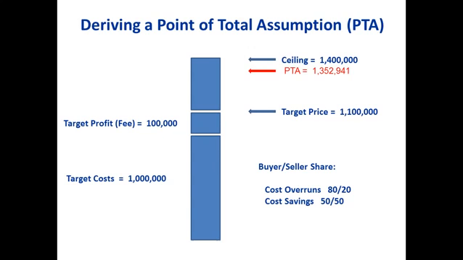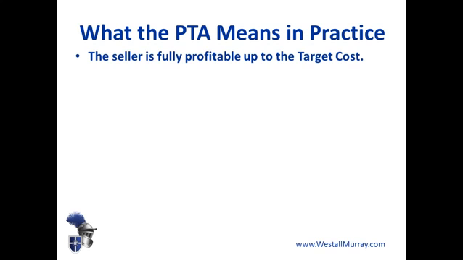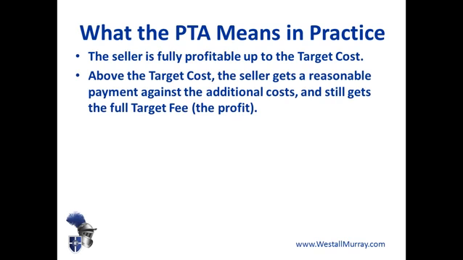Fair enough, big deal. What does all that mean? Well, this is what the point of total assumption means in practice. Firstly, up to the target cost, the seller is fully profitable. Above the target cost, if the costs go above $1 million in our example, the seller gets reasonable payment against additional costs.